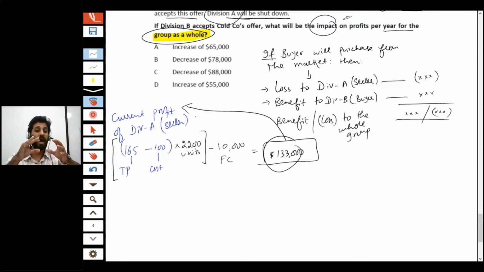If I will be going out, your division will be shut down with the loss of 133,000 which you are currently earning.